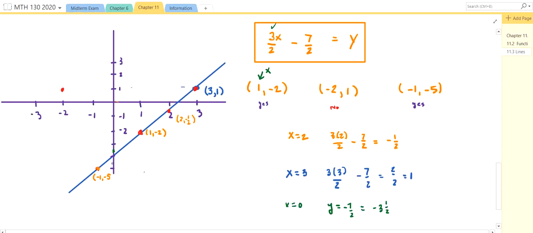But I would say that 4 should be here, and 5 down here, and 3 maybe here, so that I can cross this y-axis at 3.5. So when x equals 0, that's where you cross the y-axis, or you can say that's the y-intercept. So this is the y-intercept. Y equals minus 3 1/2.